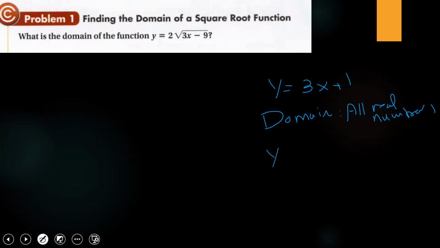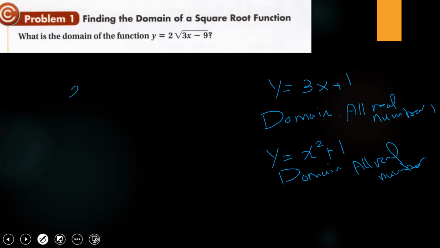If I'm talking about y equals x squared plus 1 as an example, what will the domain be? All real numbers, bravo. I can try any number: -1, 7, 0.3, any number.